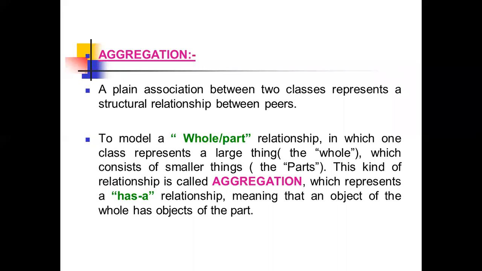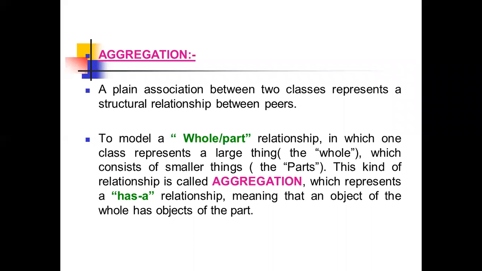To model a whole-part relationship in which one class represents a large thing, that is the whole, which consists of some smaller things, that is the parts, this kind of relationship is called aggregation.